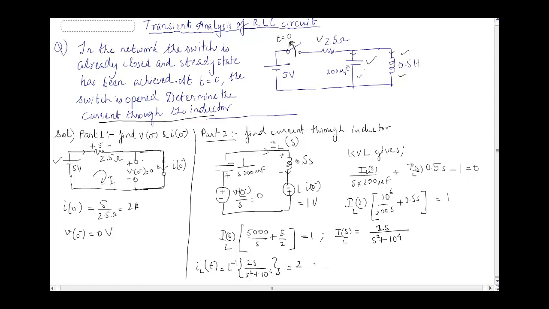So I will get cos, omega will be the square root of 10 raised to power 4, which is 10 raised to power 2, that is 100 t, u of t. For u of t I will write for t greater than 0. So that's it, we have solved the problem.